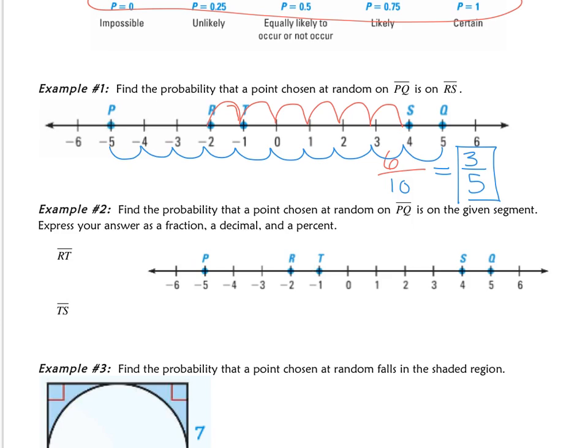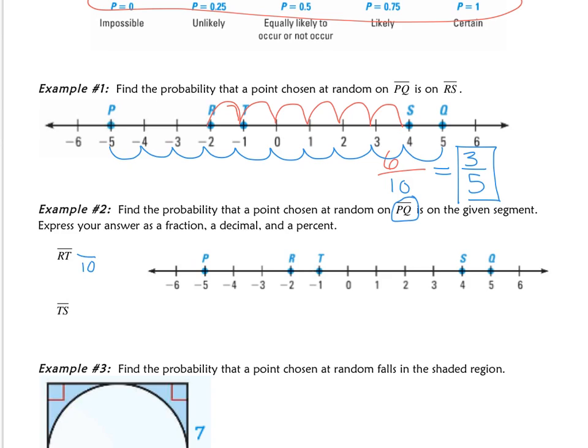For example 2, we're pretty much doing the same thing, except this time we want to express our answer as a fraction, which I did in example 1, but now we also want to write it as a decimal and a percentage. Notice that the segment we're picking a point from is the same as the previous example. It's our PQ, just like before, so PQ is still 10.